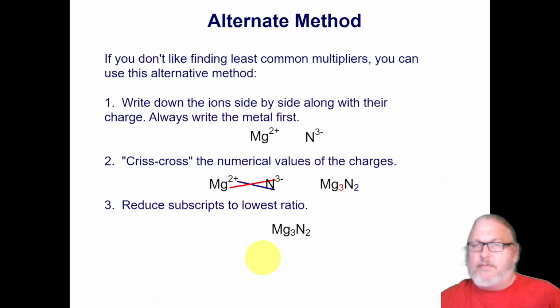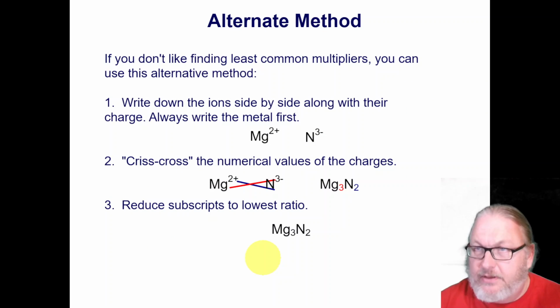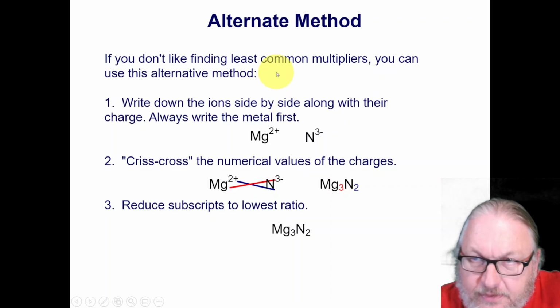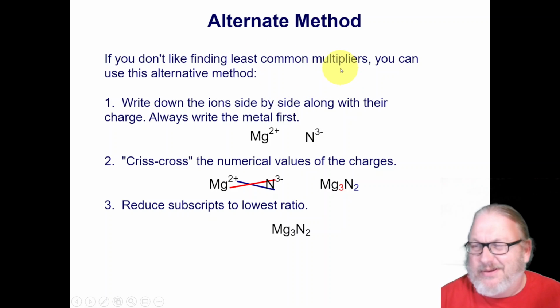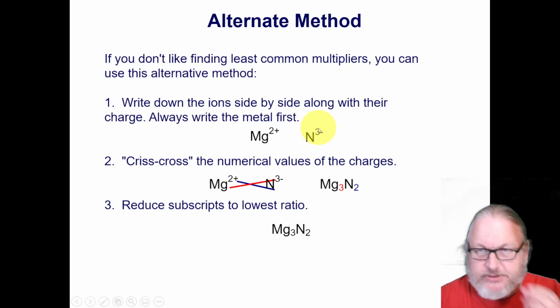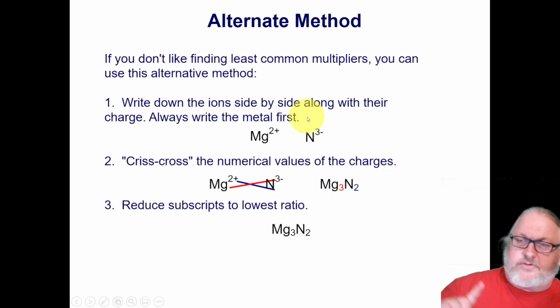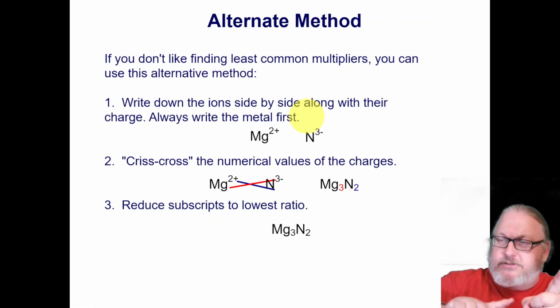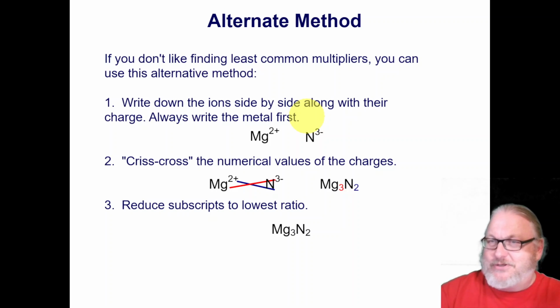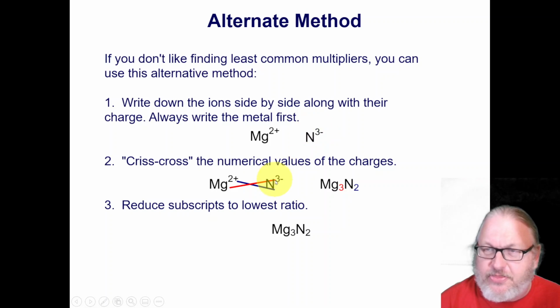Now this is the method I prefer. I call it the crisscross method, because that way you don't have to use common multipliers. I write the ions down side by side: magnesium 2+, always writing the metal first. Then nitrogen is next, with a 3- charge. Then we crisscross.